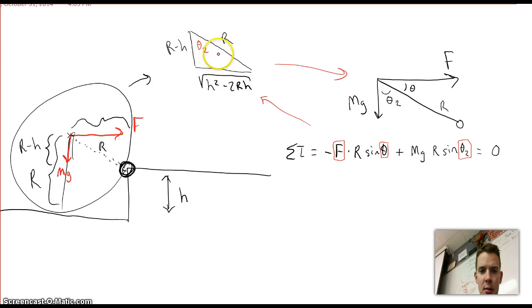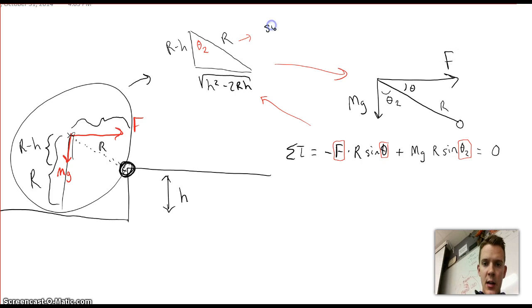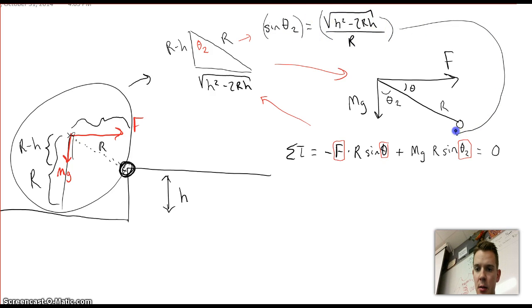So looking at my triangle here, I could actually write out that the sine of theta 2 is opposite over hypotenuse, so that's the square root of h squared minus 2rh over r. And look what I can do here. I can just take this and plug it right down in here for sine of theta 2. And all this stuff here is actually known information.